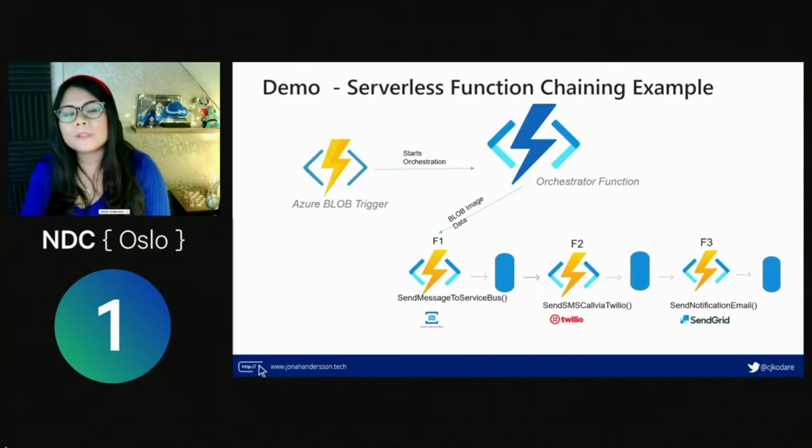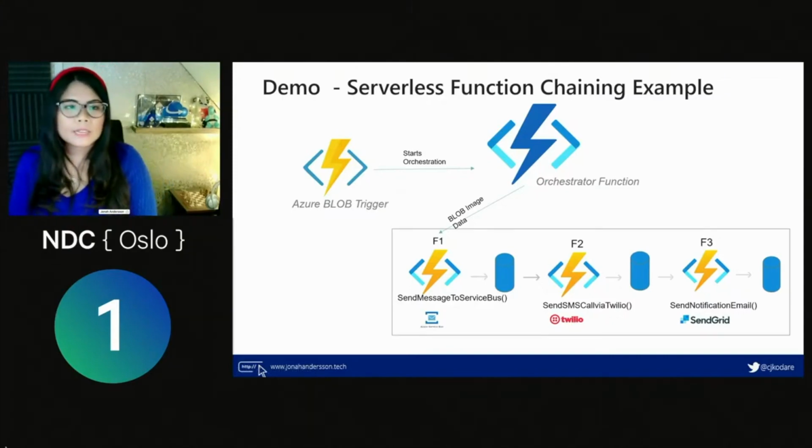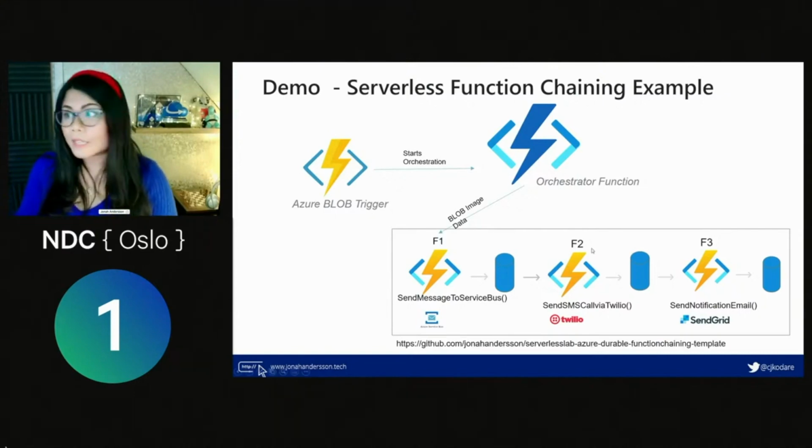So in this example, you see that it has an Azure storage here, and then this is an Azure service, and durable functions integrates well with external APIs like Twilio and SendGrid. This example, by the way, is on my GitHub repo.